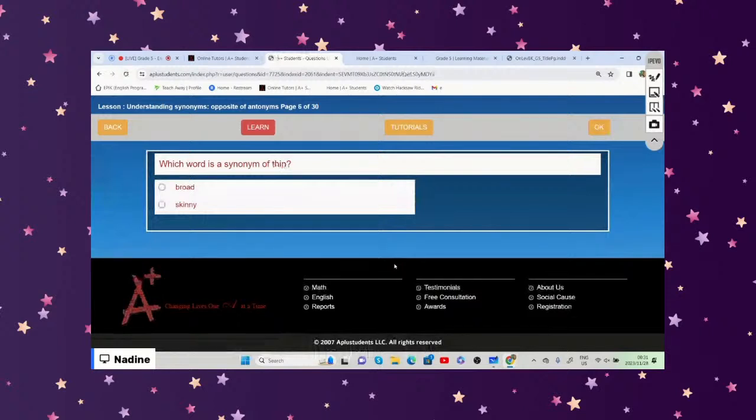And which word is the synonym of thin? If someone is thin, are they broad or are they skinny?